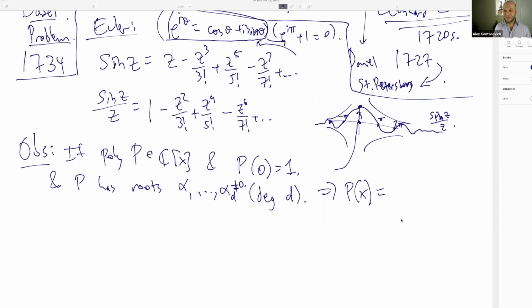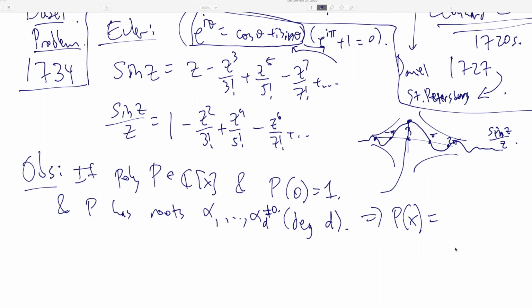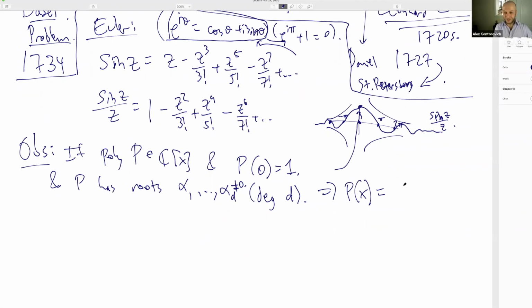Bertrand, you got one for us? X minus 1? So we want the root at alpha 1. x minus alpha 1 is a good guess. The problem is at 0, it takes the value negative alpha 1. So we want to divide by negative alpha 1. So in fact, if we take 1 minus x over alpha 1, does everybody see that this at alpha 1 vanishes and at 0 is equal to 1?